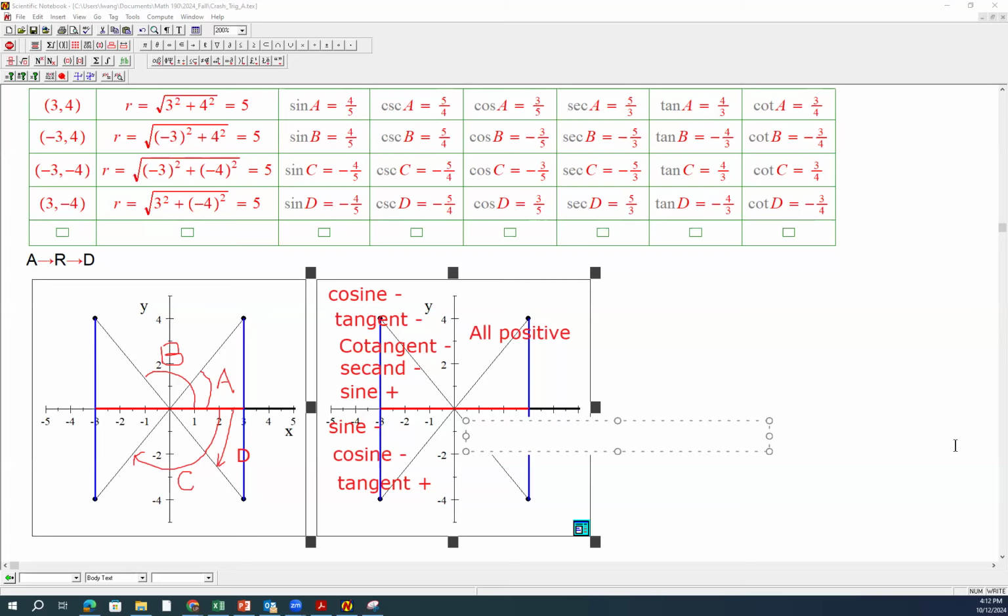Okay, last quadrant. In the last quadrant, sine is still negative. Cosine is positive. And tangent is negative.